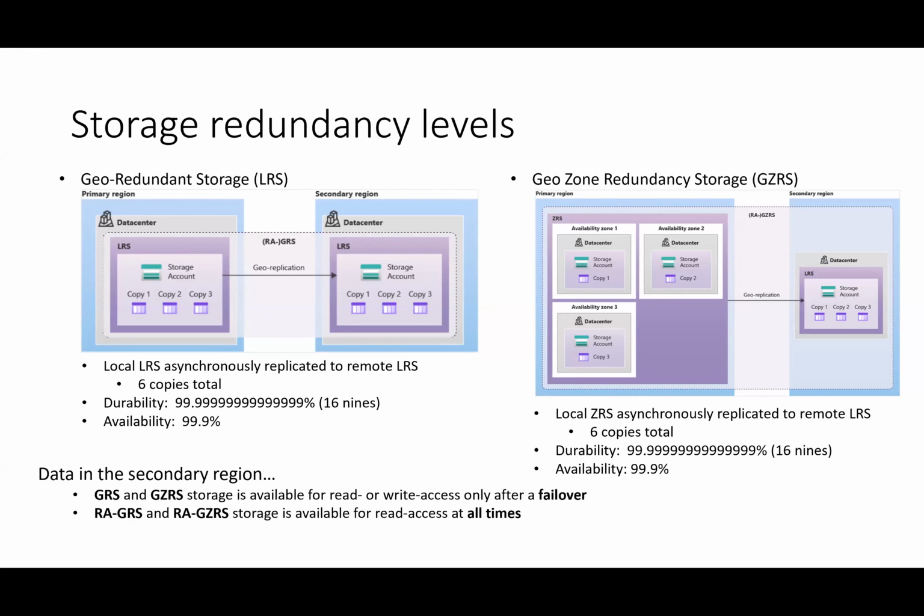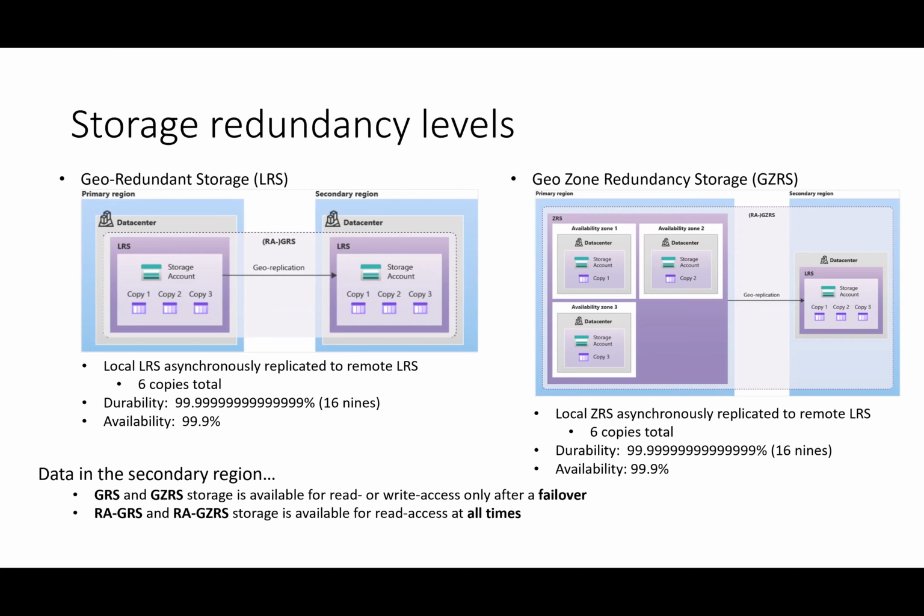Okay. One thing too about the availability of the data in the secondary region: if you just use GRS or GZRS, then that secondary region is only available after a failover has been declared by Azure.